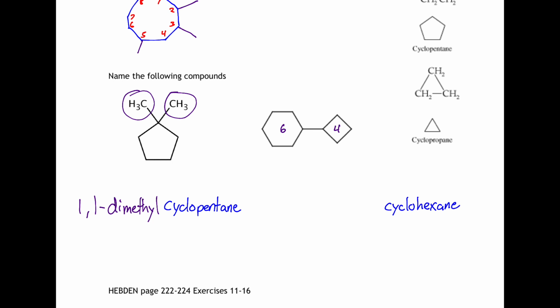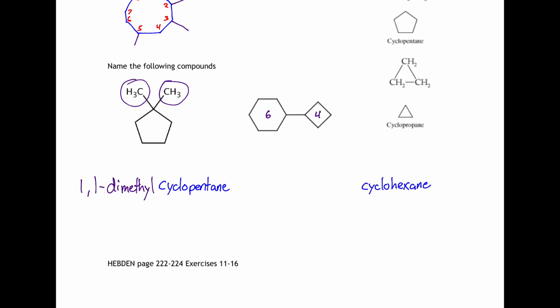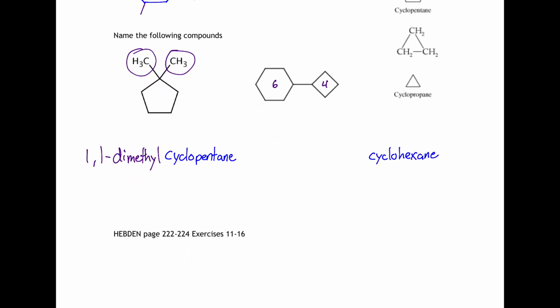Whoops, I slid it all around there. Let me slide it back to where it's supposed to be. There. Cyclobutyl. Oh, I spaced it right. Good. So cyclobutylcyclohexane. They sound terrible when you say them out loud, but when you read them, you can figure out their structures, which is the goal of these names.